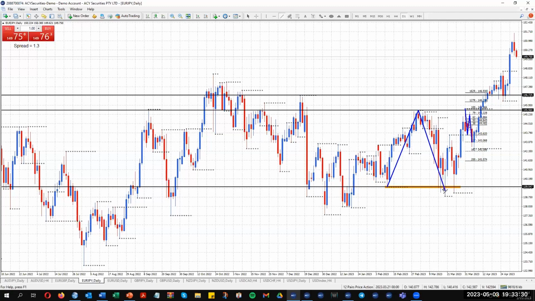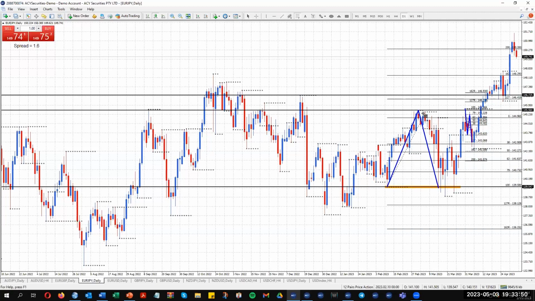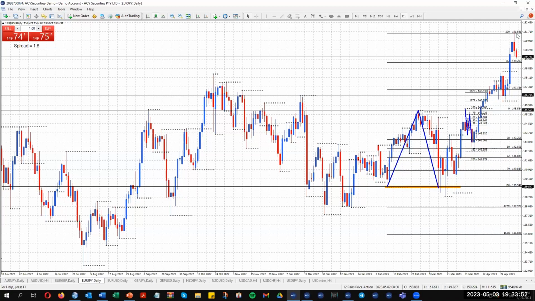You can take any one of these lows. Take the first one, it doesn't matter which one we use. There's the pattern. Now, of course, there's lots of stabs down here trying to go through it. But ultimately, there's the double bottom. And if I draw the fib back in, there's the perfect 200% price projection up there.